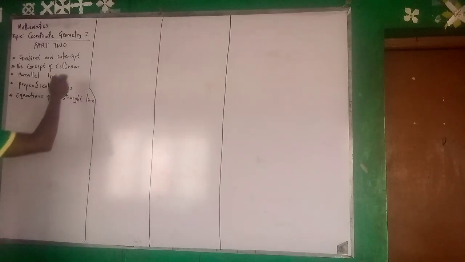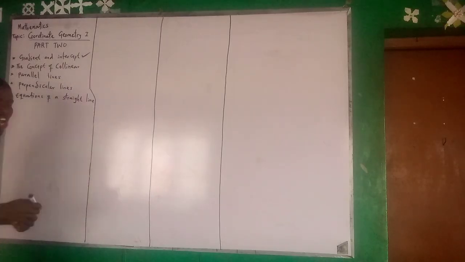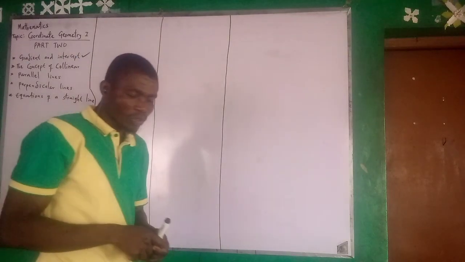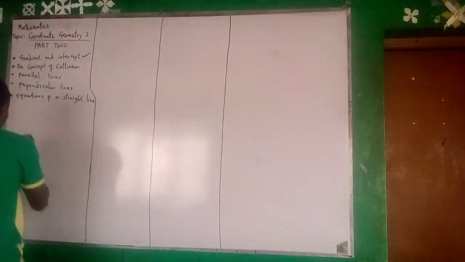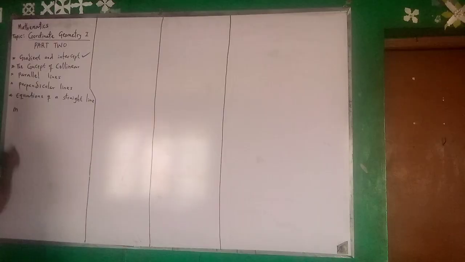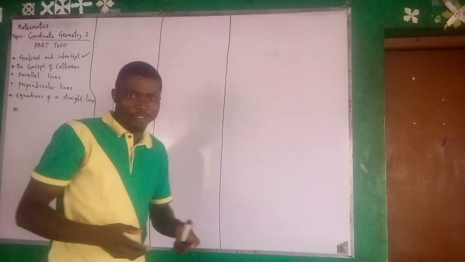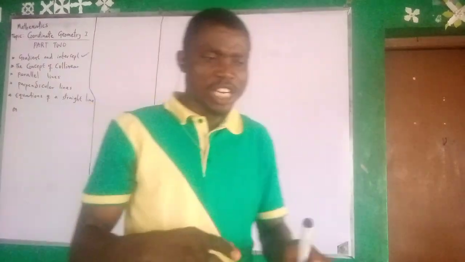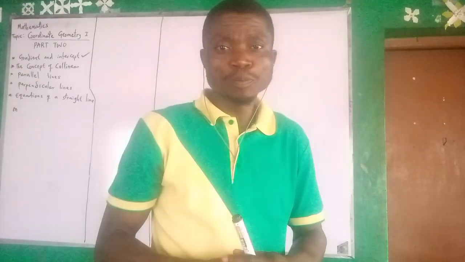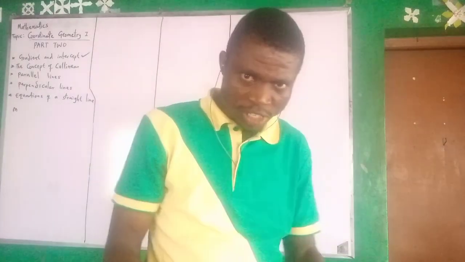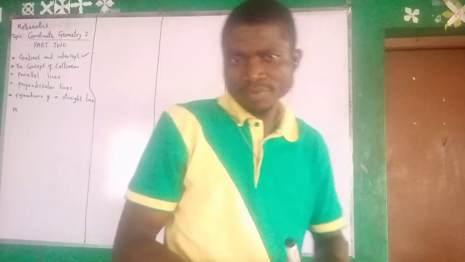Now I start with gradient and intercept. Gradient or slope, represented with m, is defined as the measure of the degree of rise or fall of a straight line. It could be positive or negative.